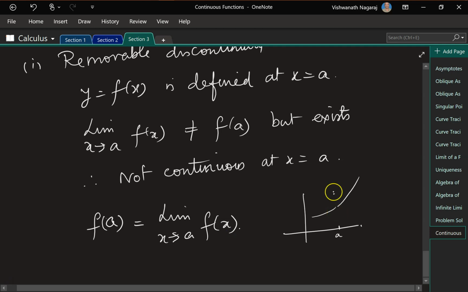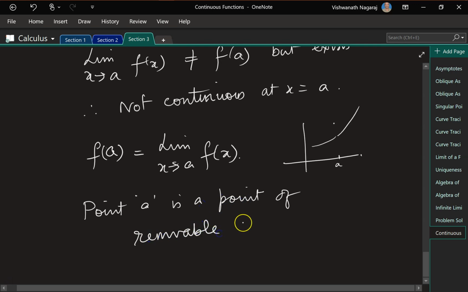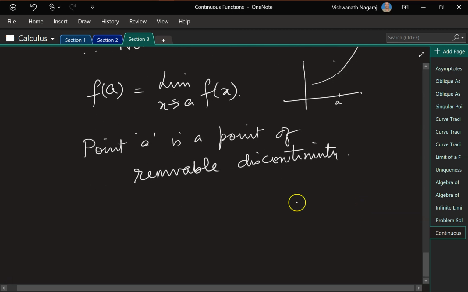In a way, we catch hold of this point and drag it onto the curve. It's as simple as that. And this point we can say is a point of removable discontinuity. The simplest example is, let's say you are collecting data.